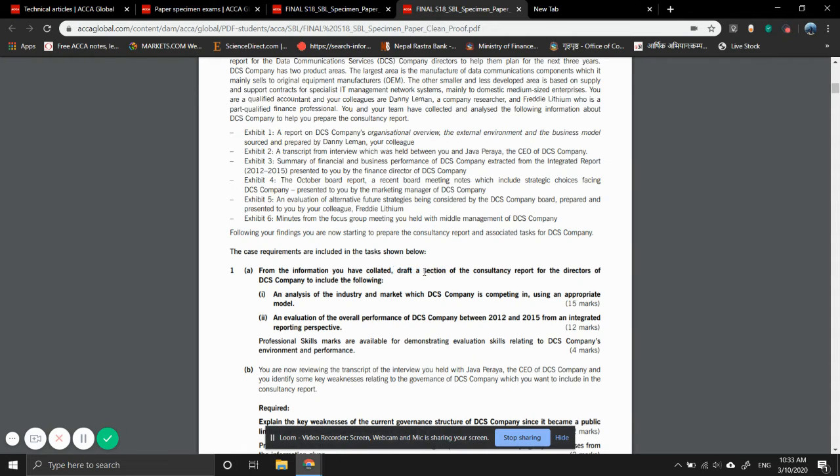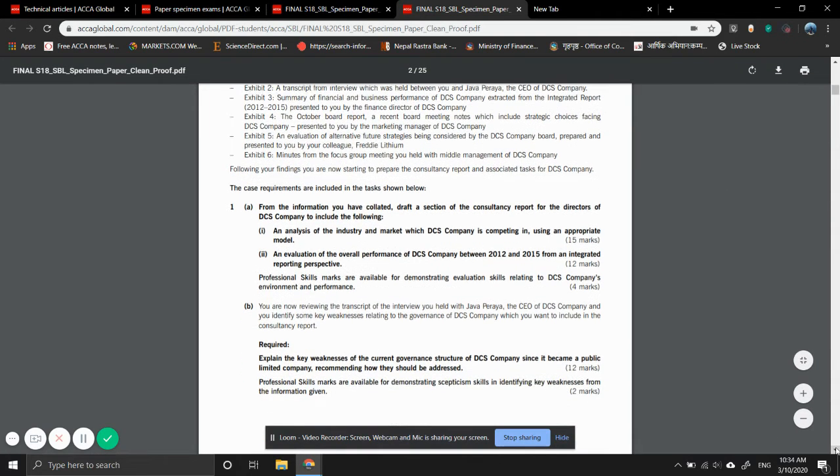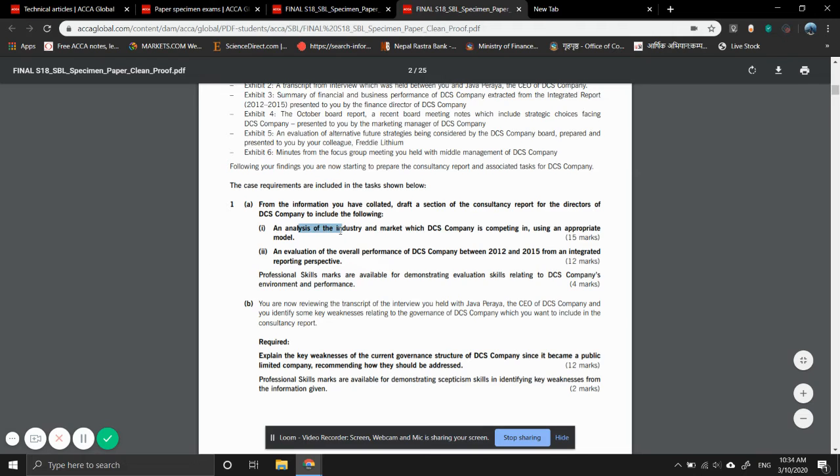So here is a section of the consultancy report for the directors of DCS company to include the following: an analysis of the industry and the market which DCS company is competing in using an appropriate model. That's 15 marks, quite a lot of marks there. It's a whole industry analysis of the market it is competing in, using an appropriate model.